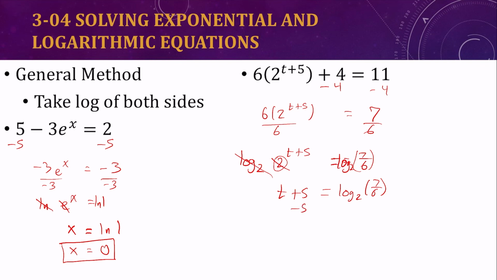Finish by subtracting 5. And then you can put that in your calculator. And your calculator should tell you it is negative 4.778. Of course, plug that in to make sure that it works.